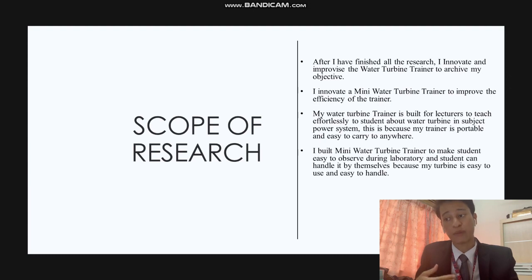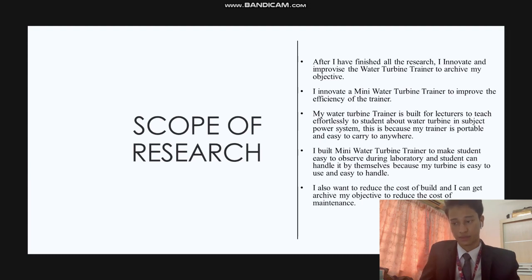Fourth, I built many water turbine trainers to make it easy for students to observe during laboratory, and students can handle it by themselves because my turbine is easy to use and easy to handle. Last, I also want to reduce the cost of build, and I can achieve my objective to reduce the cost of maintenance.